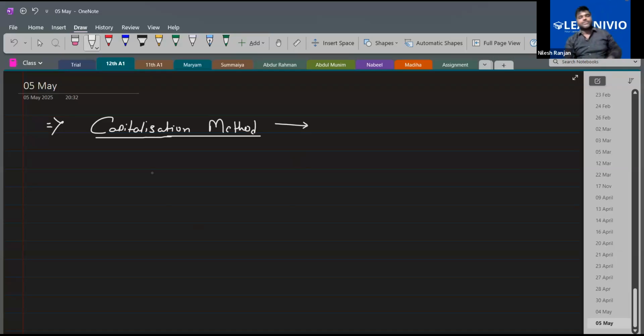So what is capitalization? First of all, you need to understand the concept. Let's say that in a business, your profit is 30,000 and the rate of return is 15%.